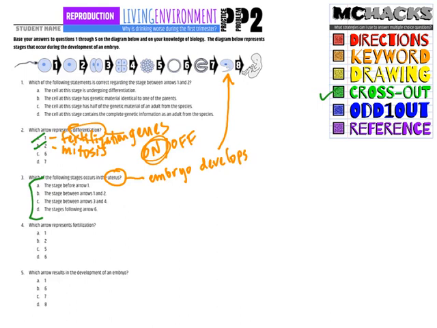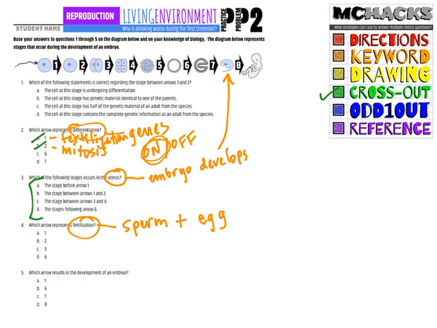Question number 4. Which arrow represents fertilization? Well, for this one, fertilization is when you have a sperm plus an egg. Now, is it arrow 1, 2, 5, or 6? Indicate your response. Question number 5.